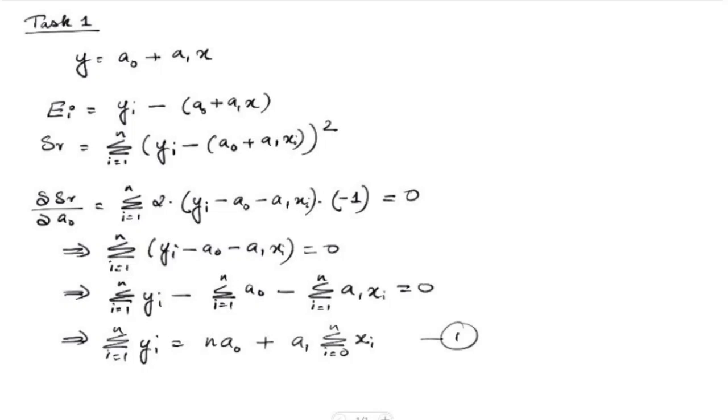And now we'll do the partial derivative of the sum square residual with respect to a1. With respect to a1, we'll have the summation of i equal to 1 till n.